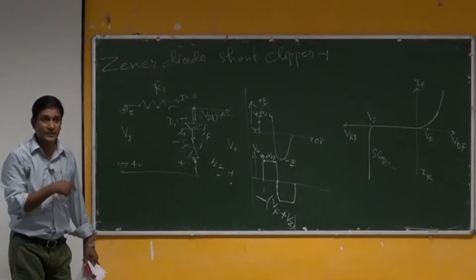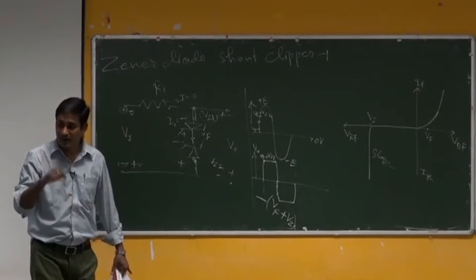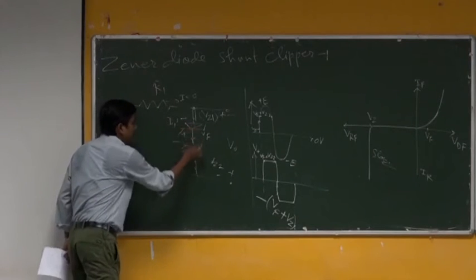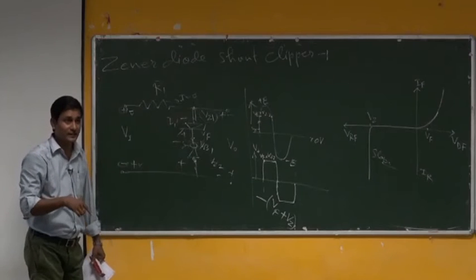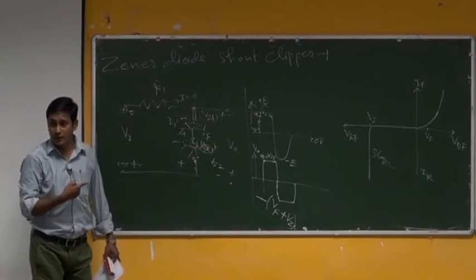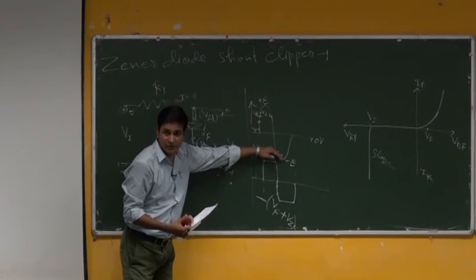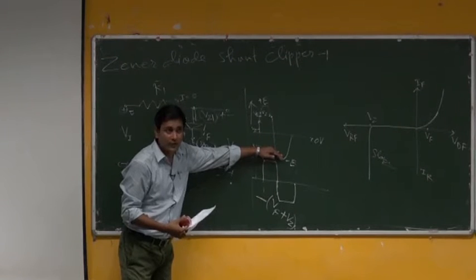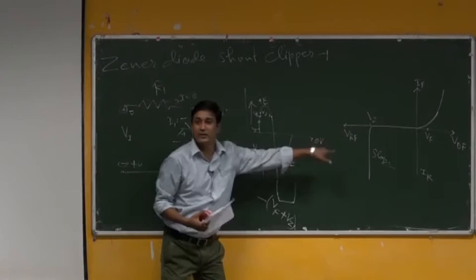What is the advantage of this compared to the other biased shunt clipper? In that biased shunt clipper, with a simple diode with some biasing VB1 and VB2, what we used earlier, here we don't need external sources to incorporate. Still, we could get the clip at higher than Vf voltage. Now, how is it decided? That is decided by the Zener of a particular Vz value.